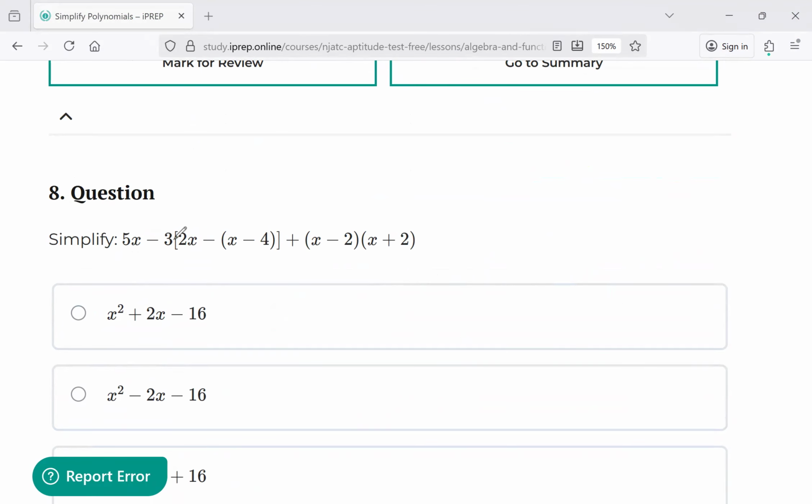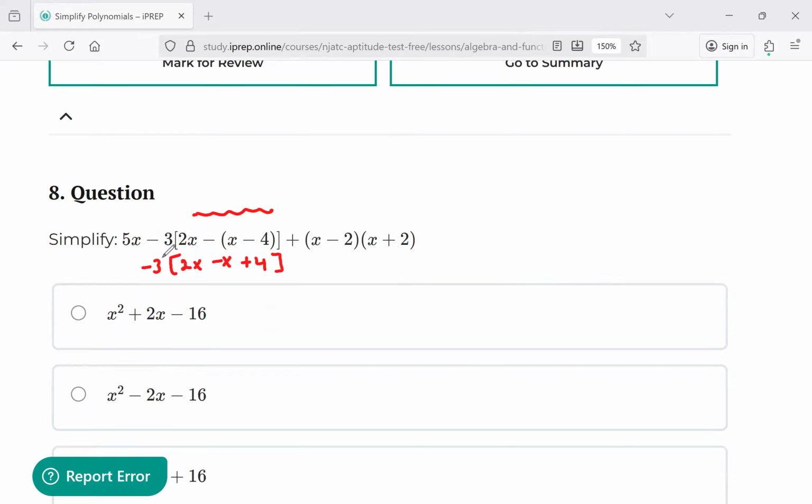Okay, question 8. Oh man, this one, be careful with this one. So you see this bracket here? I'm going to do that one first. So what I'm going to do is FOIL this minus 1. So that'd be negative x and a positive 4. Then bring down this 2x bracket.